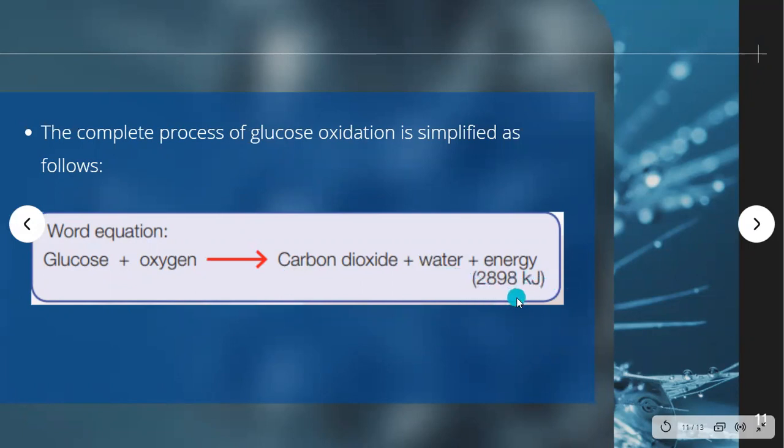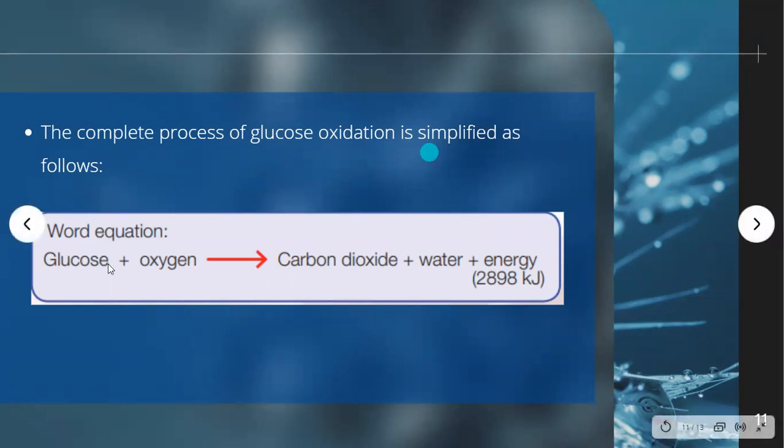This 2898 kilojoules is the unit for energy, but it's not so important. Just understand that the whole process of aerobic respiration produces quite high energy. If you compare aerobic and anaerobic respiration, aerobic respiration produces a lot more energy than the anaerobic one, which we might talk about further in the next video.